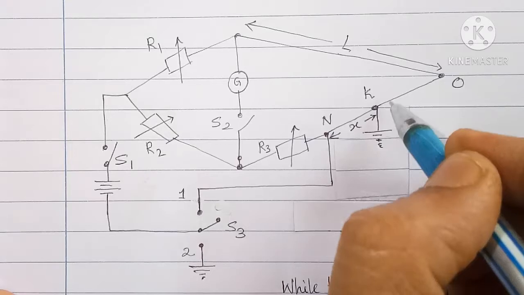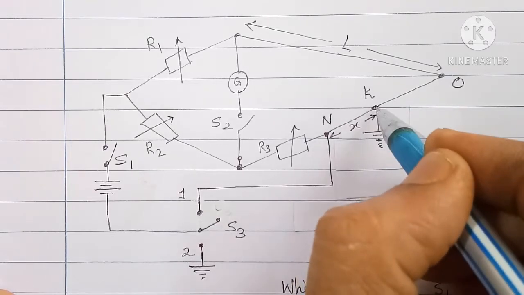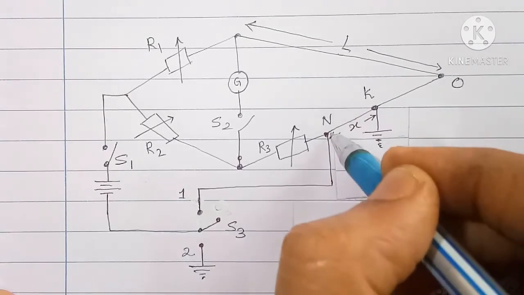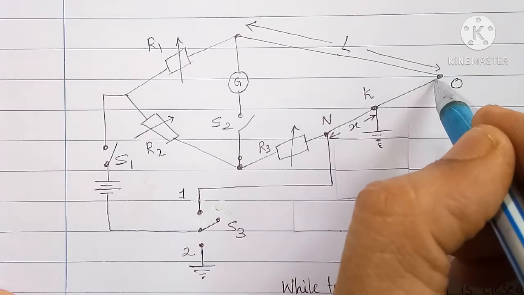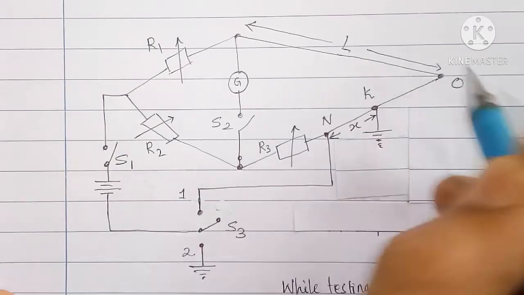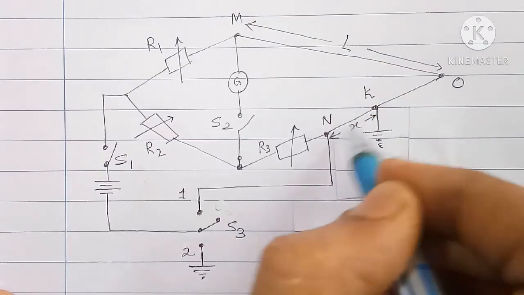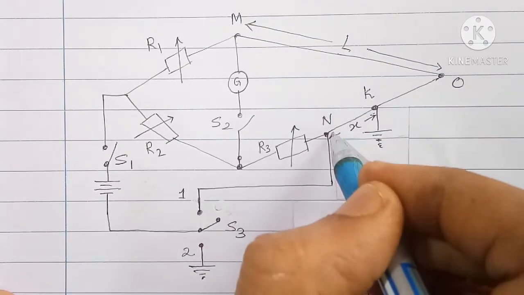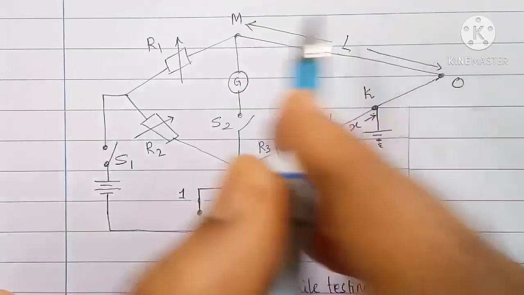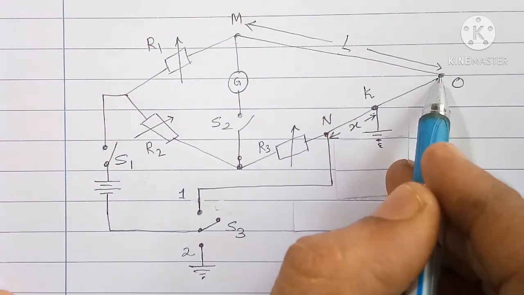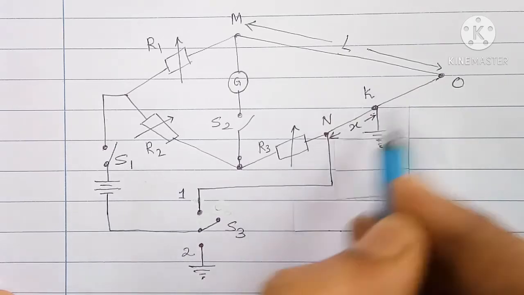Let us say a fault has occurred at point K in cable NO. Here MO is another conductor of same size as that of conductor NO.